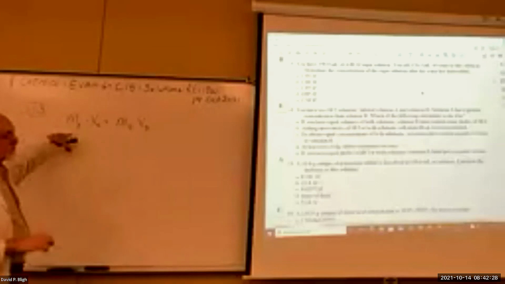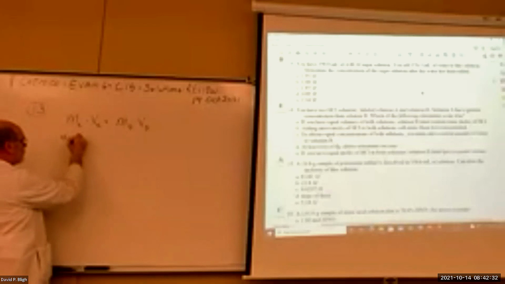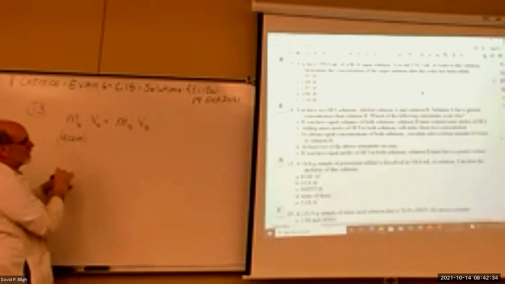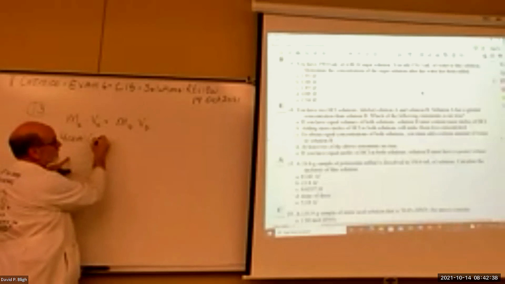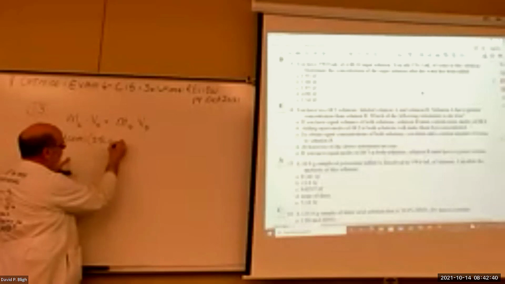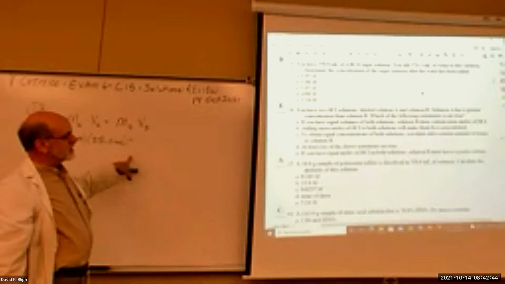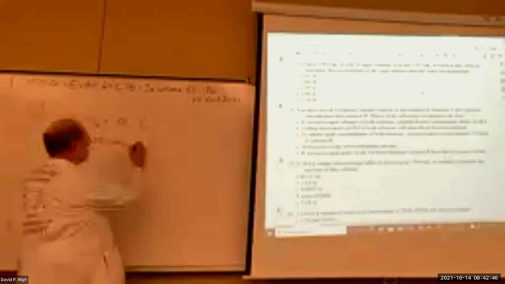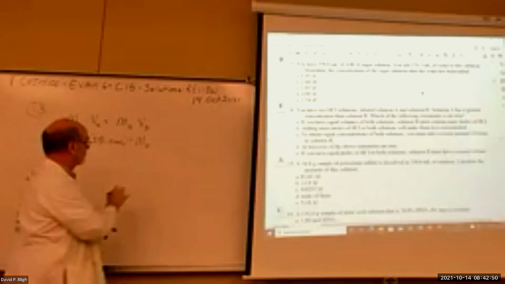So the concentration here is 4 molar, and the volume of this solution is 250 milliliters. The question is, what's the concentration of the diluted solution? That's our unknown.